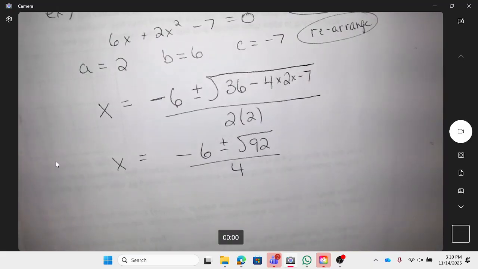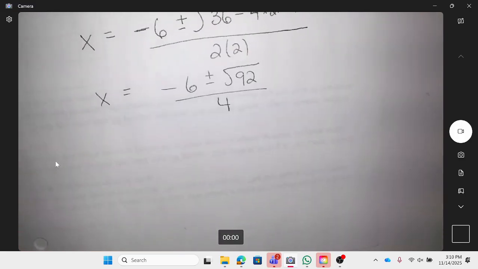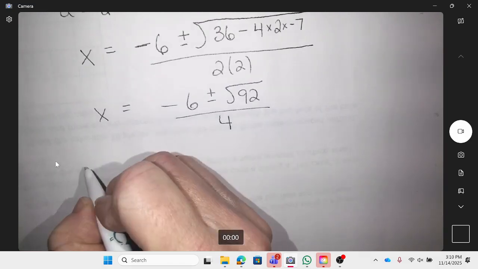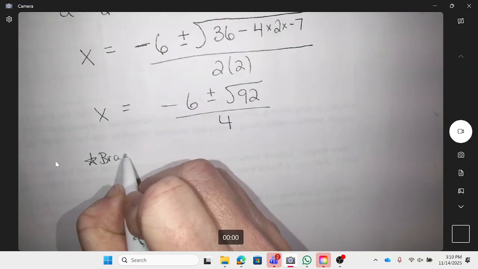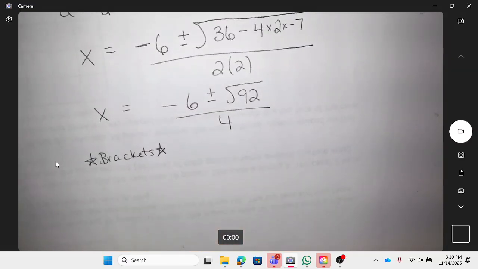Okay, if you want to just write this down to save some time, I calculated that and I got 92. Okay, I'm going to give myself a reminder on my cheat sheet here. Brackets, just writing that down so I remember stuff like that.